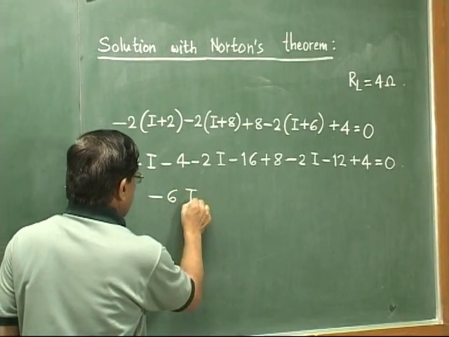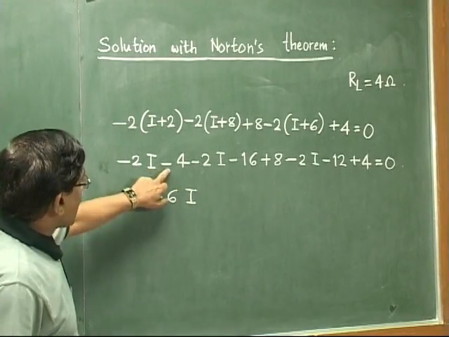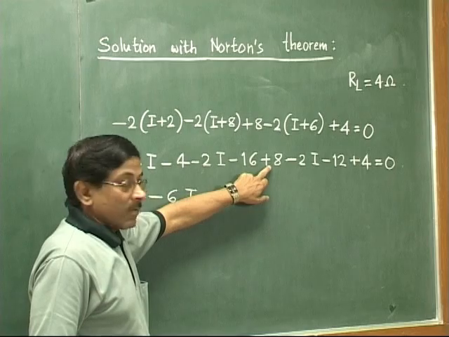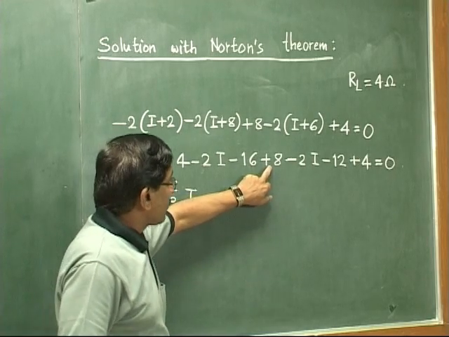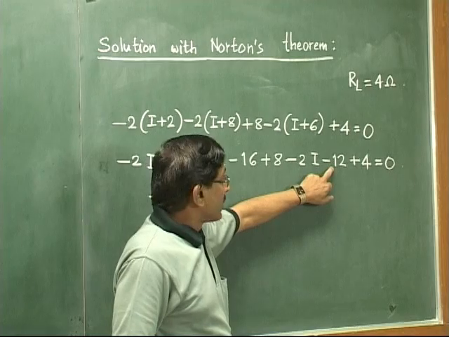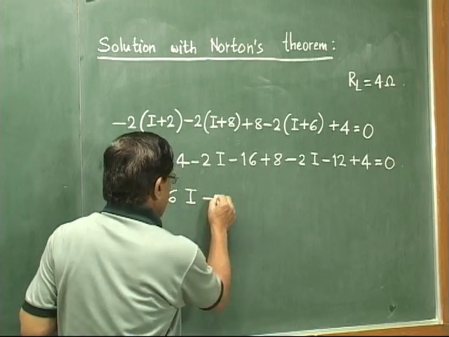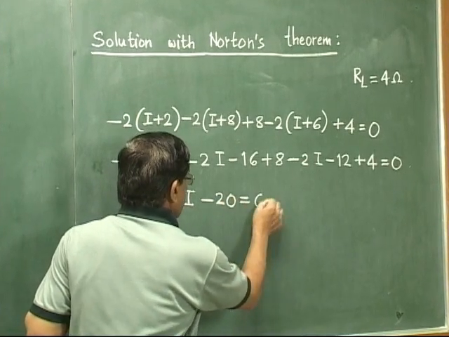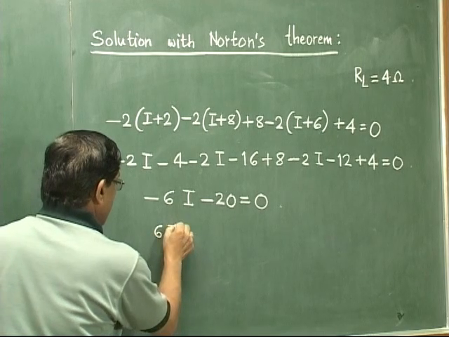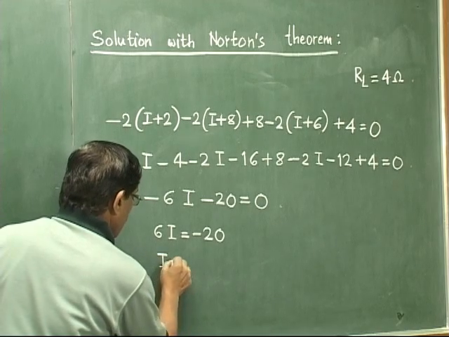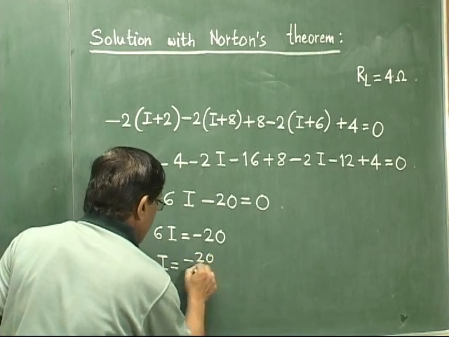And the constant terms, minus 4 minus 16 is minus 20. Minus 20 plus 8 is minus 12. Minus 12 and minus 12 is minus 24. Minus 24 plus 4 is minus 20. So minus 6I minus 20 must be equal to 0. That means 6I must be equal to minus 20. So I must be equal to minus 20 by 3.